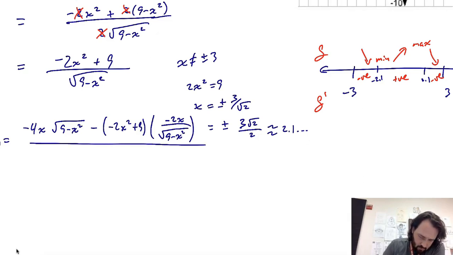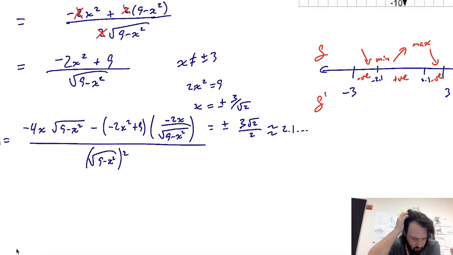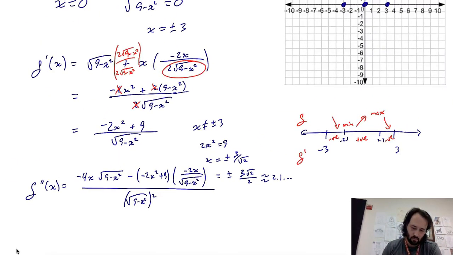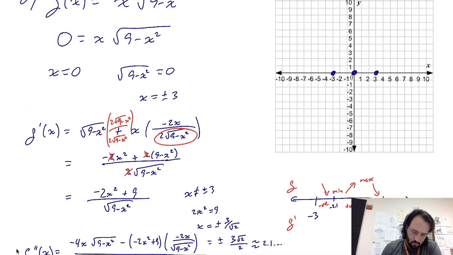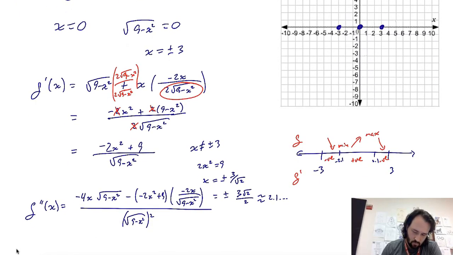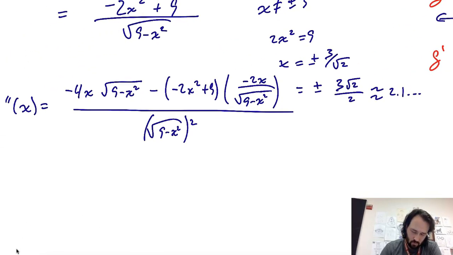All over low squared. Yeah, okay. All right, so let's see. What I could do is get common denominators up top again.